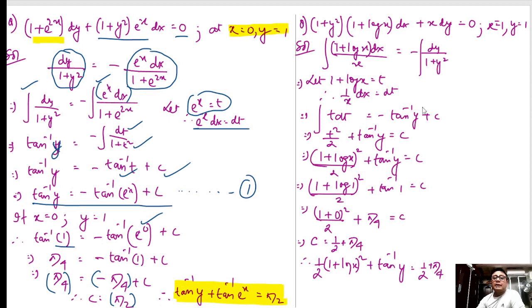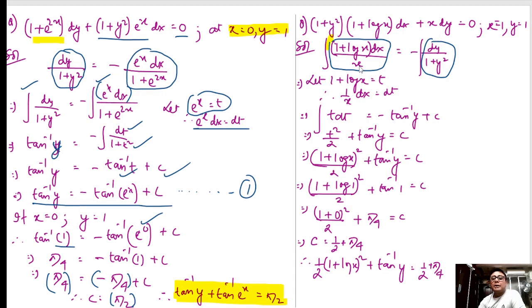The next sum says that this is our sum: 1 plus y square, 1 plus log x dx plus x dy equal to 0. So again, see, separating the x parts and the y parts, we have separated the x part and the y part and put an integration in front.